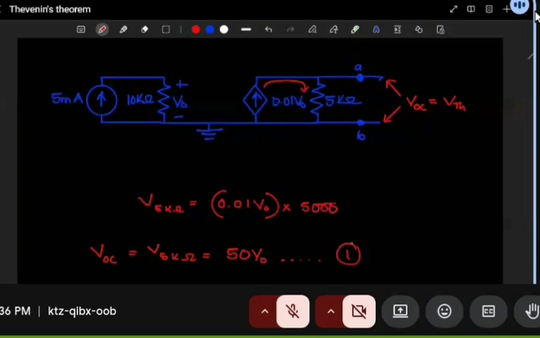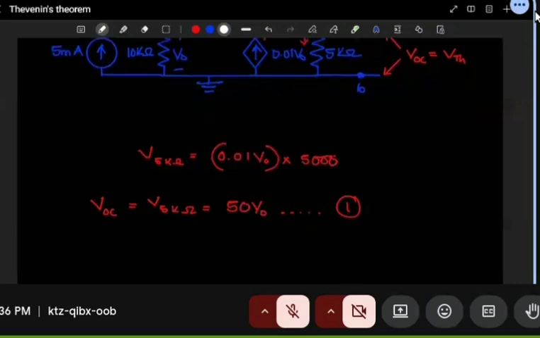Once we have the expression for V open circuit, we realize that we need to know V0. So again, V open circuit and V0 are separate, so don't confuse the two. So we need to find V0 if we're going to know our V open circuit.